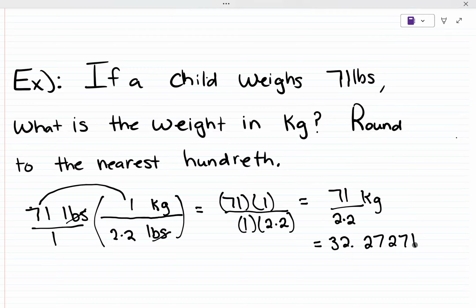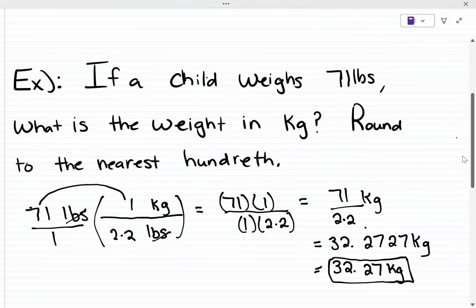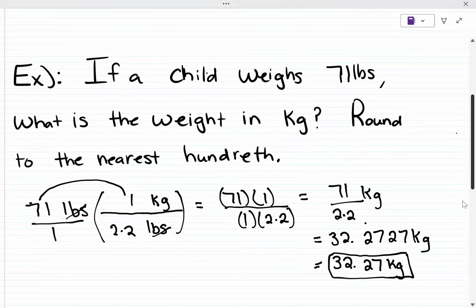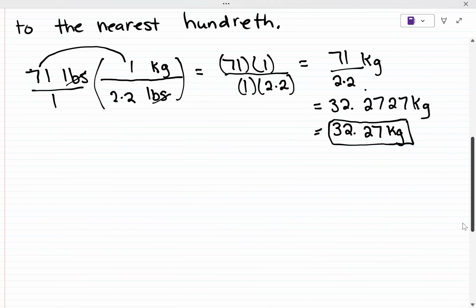And then all we've got to do is, it says round to the nearest hundredth. So 2 is the tenths, 7 is the hundredths. So it's going to be 32.27 kilograms. Okay, that's it. Fair enough, right? Now let's do the last example.